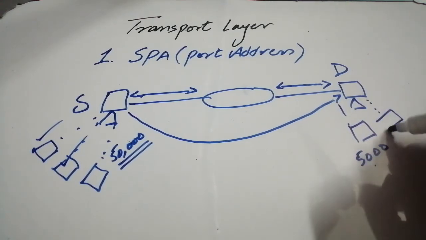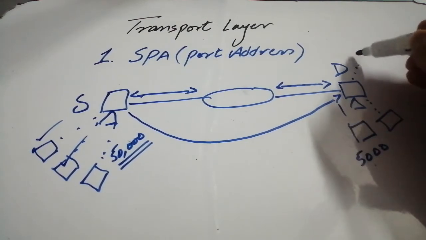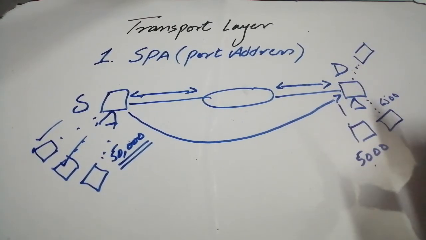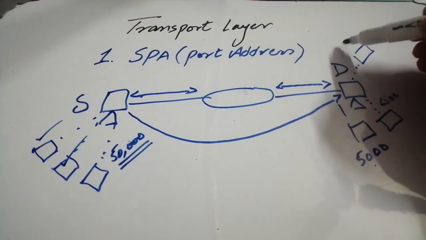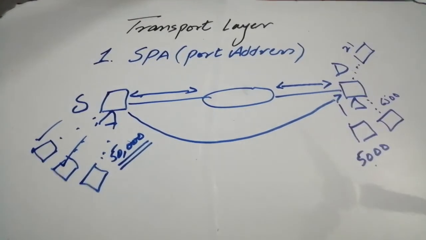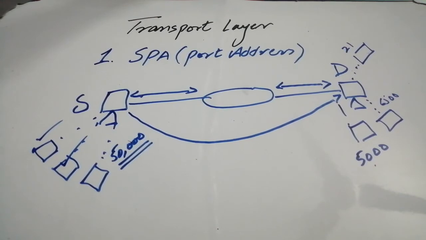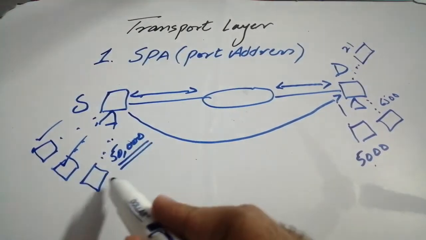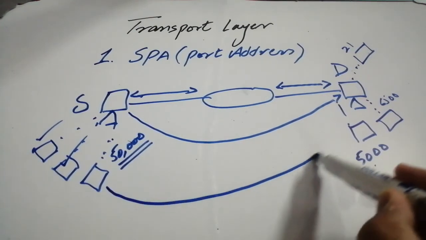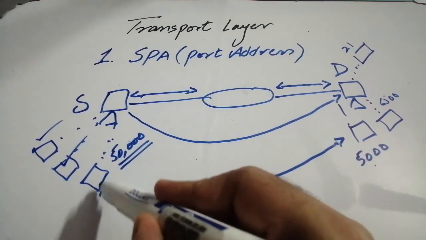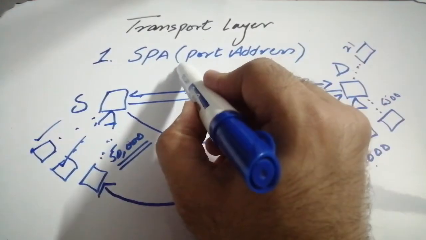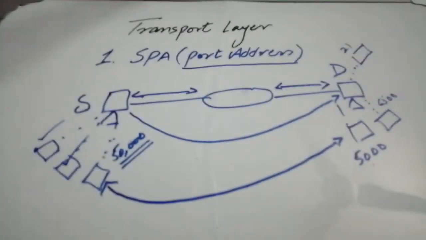The end system is also running different other services using other port numbers. So it is essential that communication from this process to this process happens flawlessly. For that, we require port addresses.